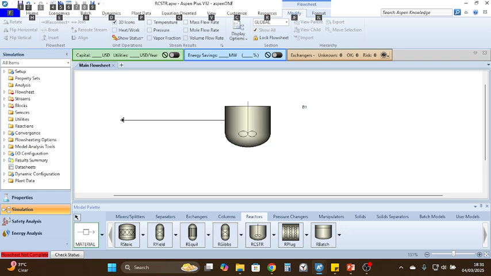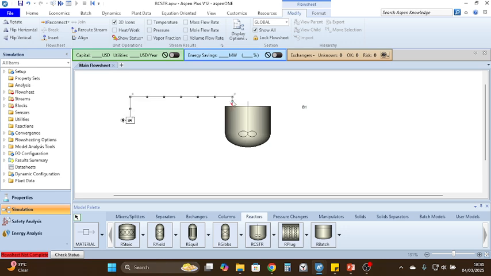This is one stream. Let us relocate this stream to the top, and this is another stream. Let this stream be aniline and this stream be hydrogen.